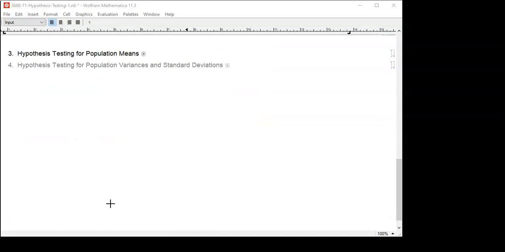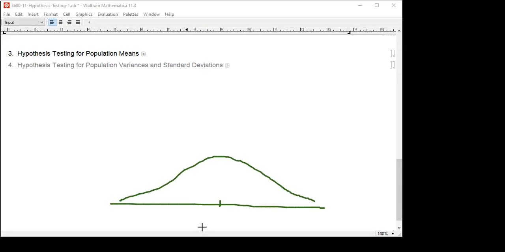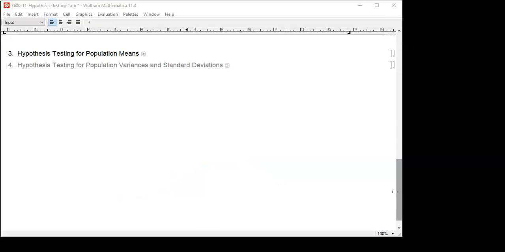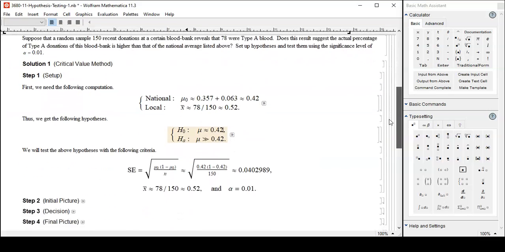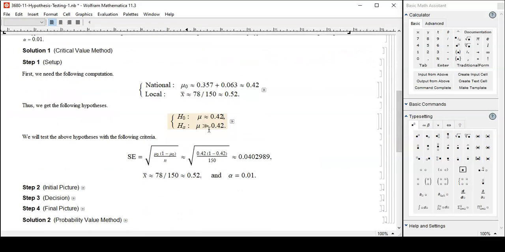We used to draw a normal picture, and null goes here to the center. So everything has to be based upon null hypothesis. Now, let's go back to this problem here. What's the null? It's around 0.42, so that's what you have to use. Not 0.52 here. 0.52 will be used for interval estimation. 0.42 will be used for hypothesis testing.